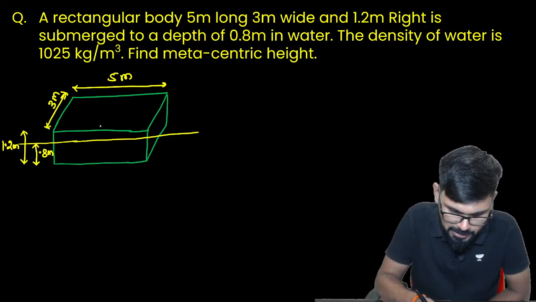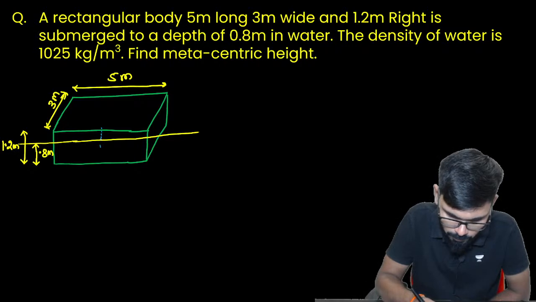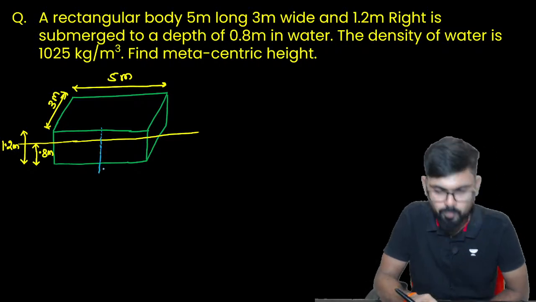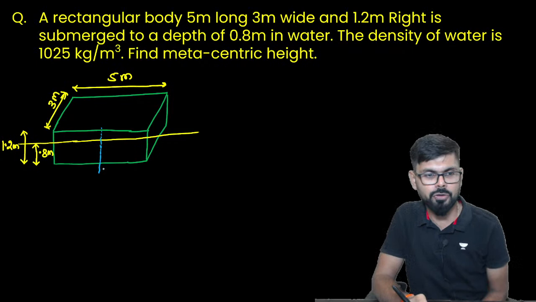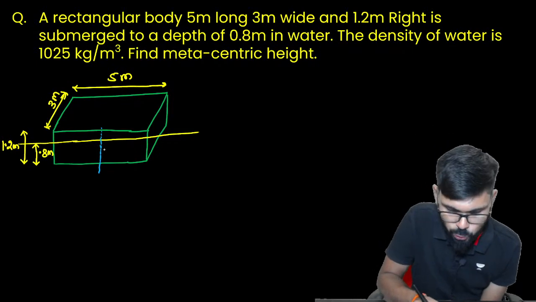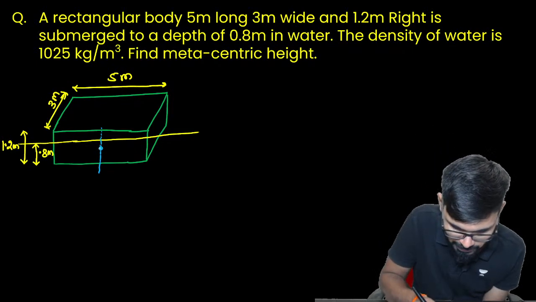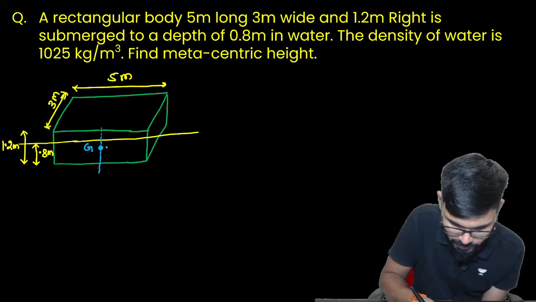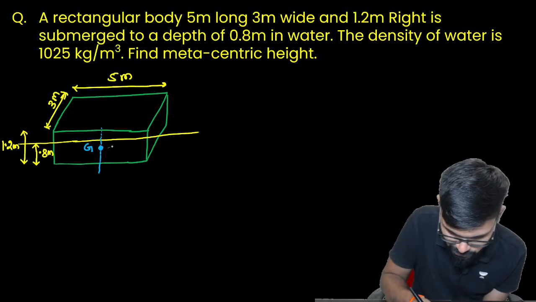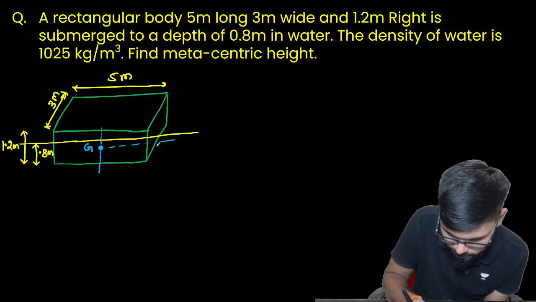Now please listen here carefully. Where is G going to be? G value will be somewhere here, that is 0.6 meter, measured from here.